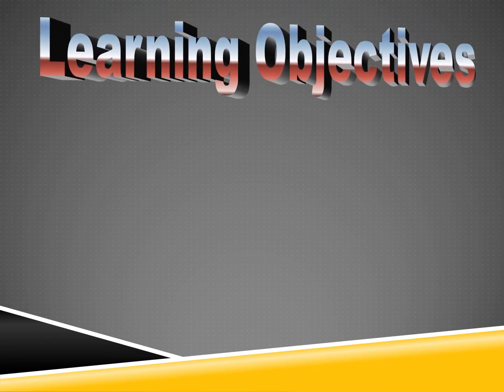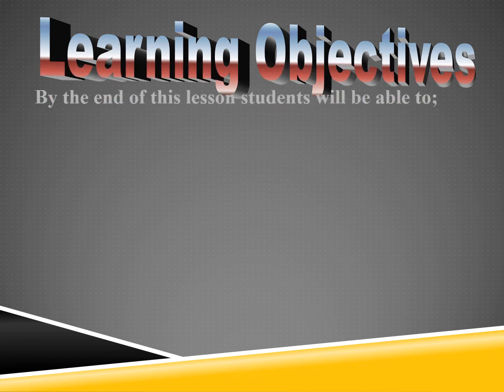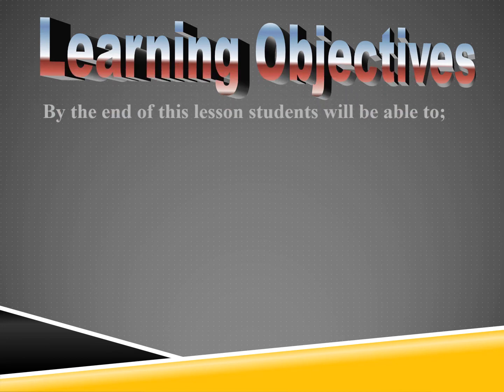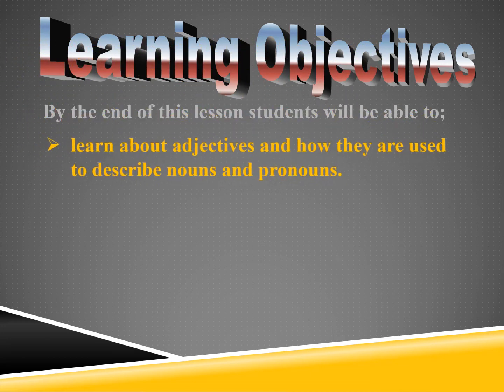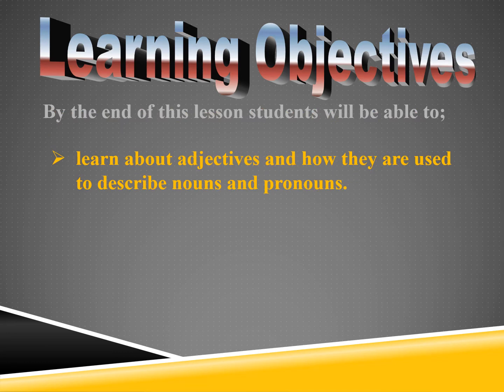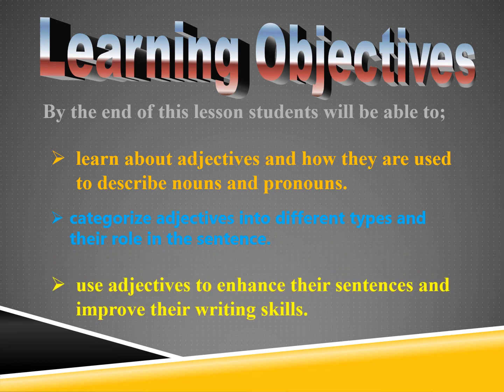Following the destined learning objectives of today's lesson, by the end of this lesson, you'll be able to learn about adjectives and how they are used to describe nouns and pronouns, categorize adjectives into different types and their role in the sentence, and be able to use adjectives to enhance your sentences and improve your writing skills.